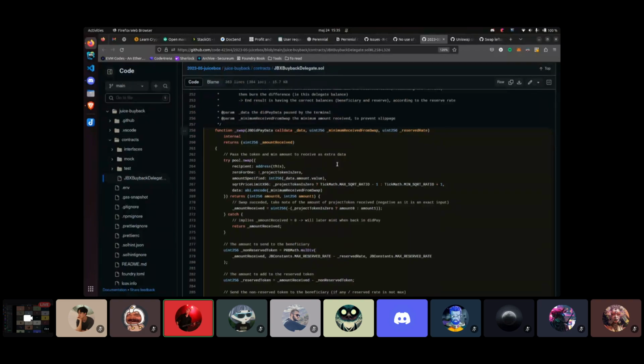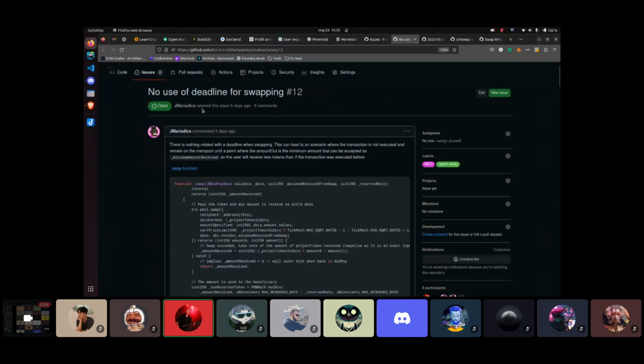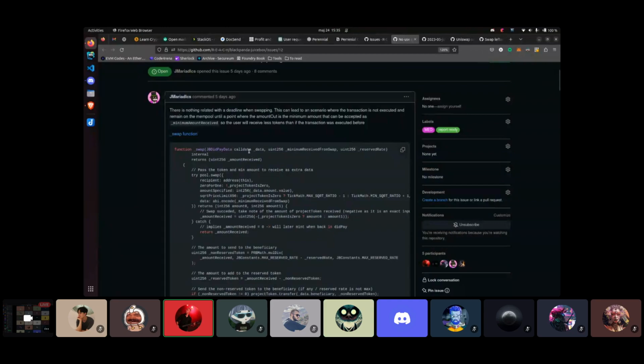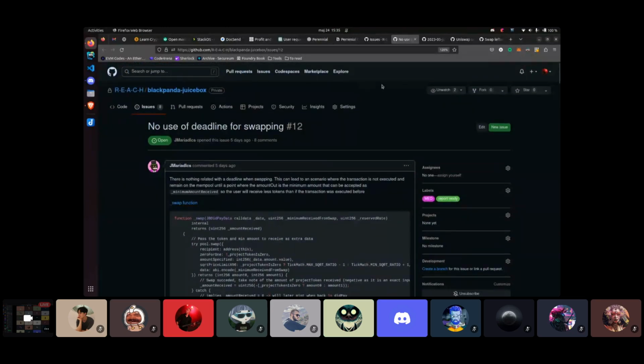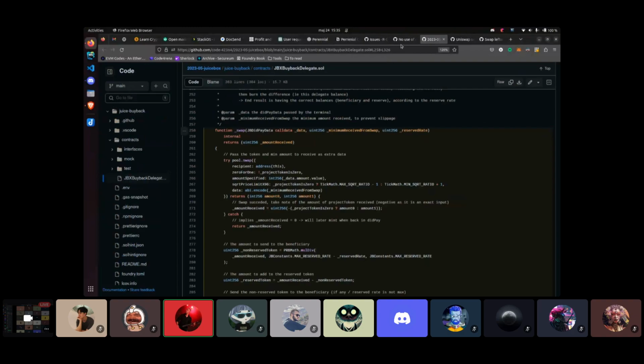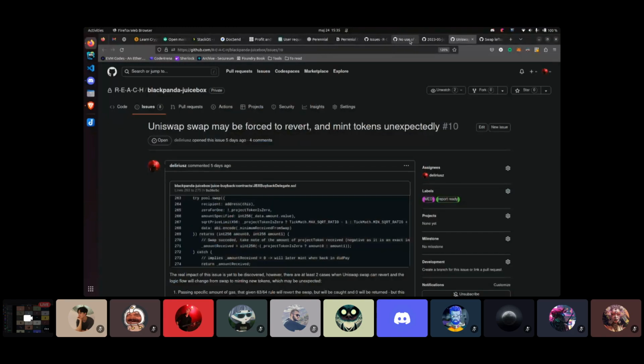After 3, 4, 6 hours, it finally gets executed, and now the price is way different, and probably not at the rate that you would like it to be, and it got executed. So normally those issues are considered mediums, so we added it here as well. So this is the first issue of them.